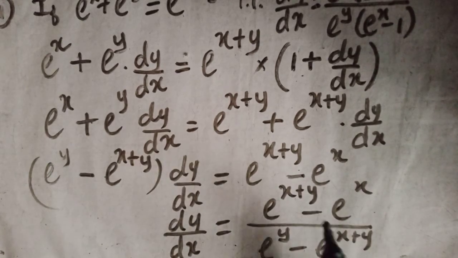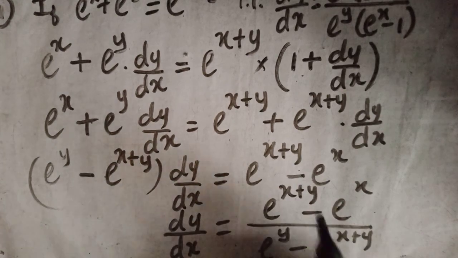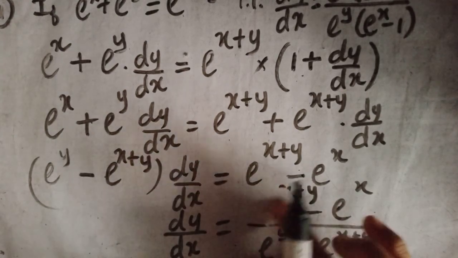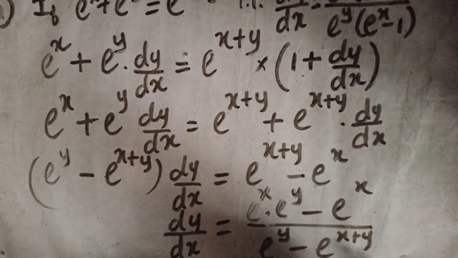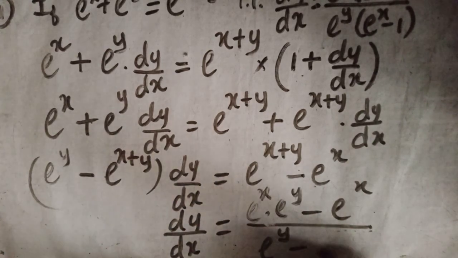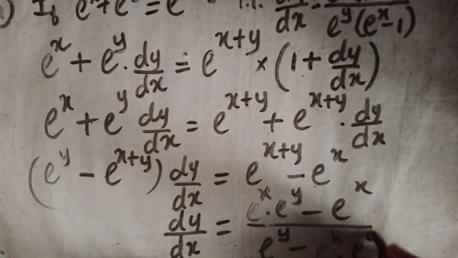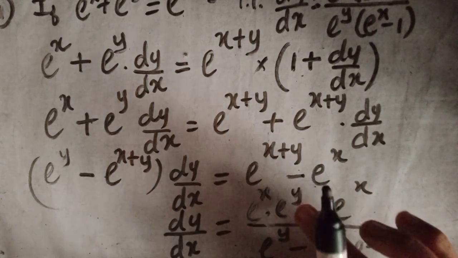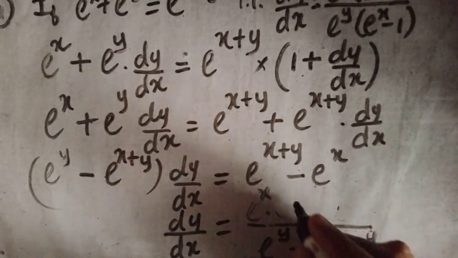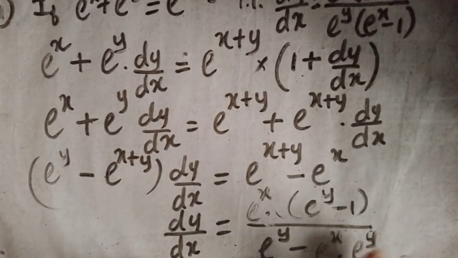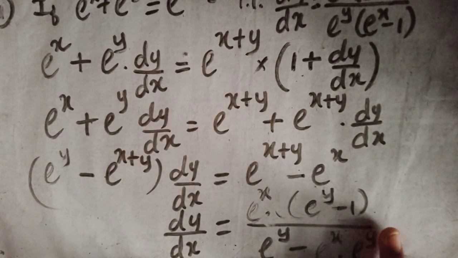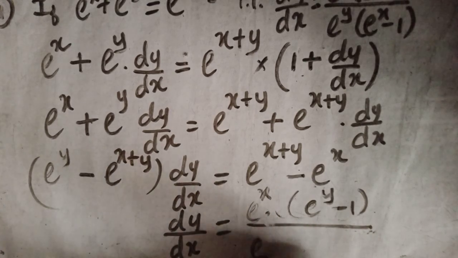Now you can take e raised to x common, because you can write this as e raised to x into e raised to y, and this as e raised to x into e raised to y. So taking e raised to x common, you will get here e raised to y minus 1, and here you will get 1 minus e raised to x.